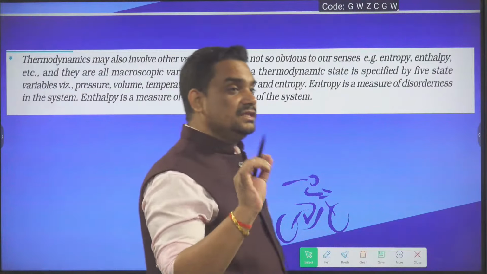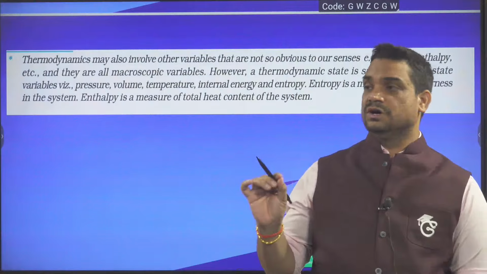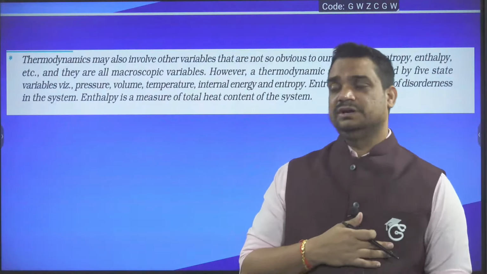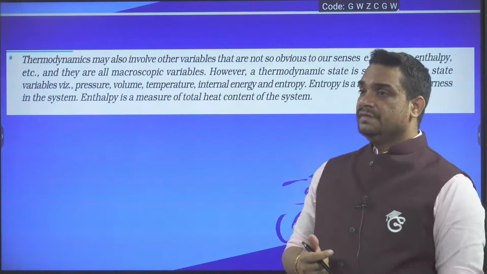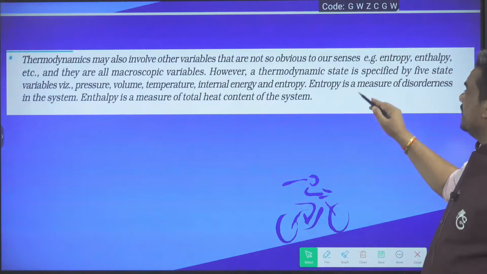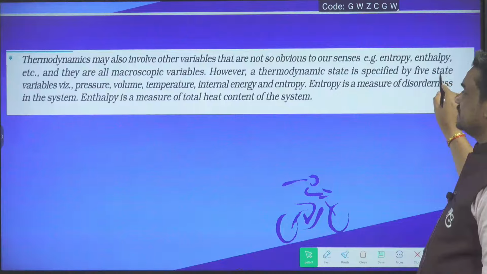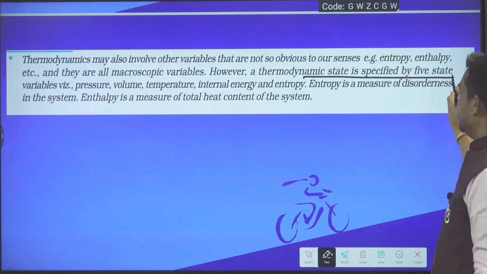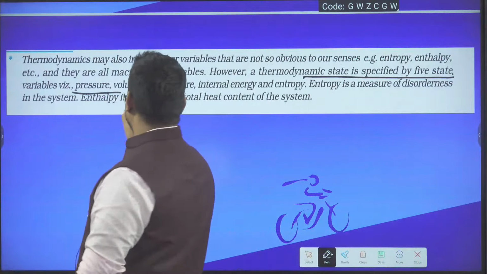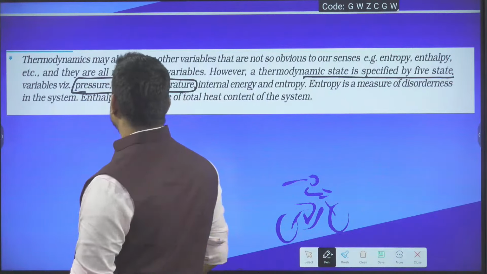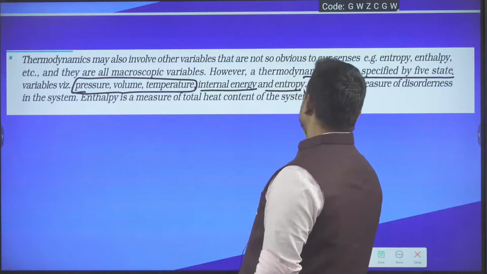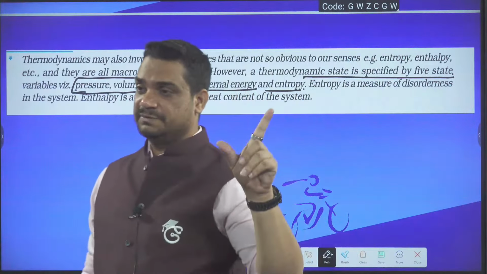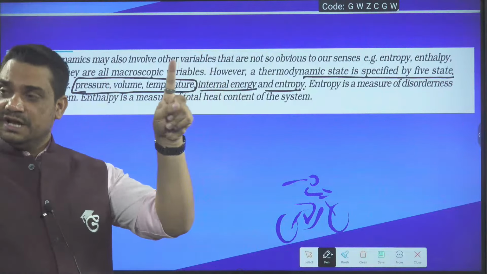Thermodynamics may involve other variables that are not so obvious to our senses, like enthalpy and entropy. In physics, we don't talk about entropy and enthalpy; in chemistry, they are microscopic variables. However, a thermodynamic state is specified by 5 state variables: pressure, volume, temperature, mostly we use these three because we are habitual of them, but also internal energy and entropy.